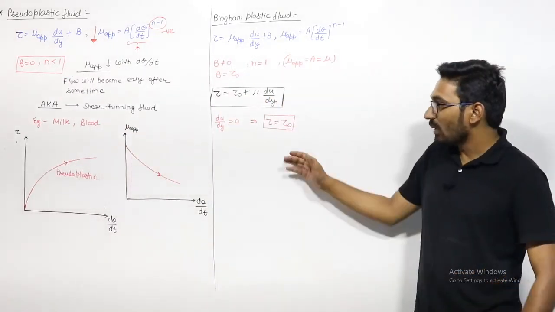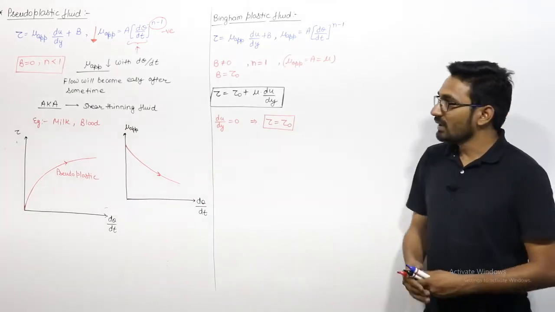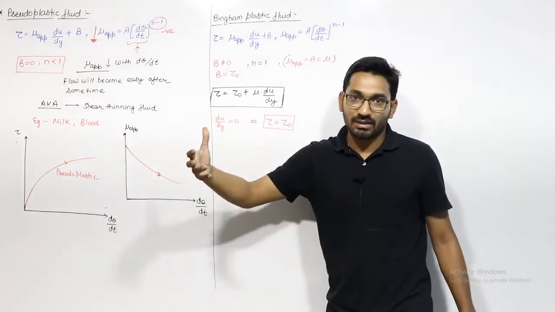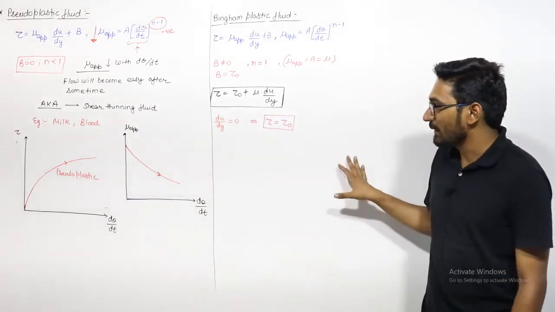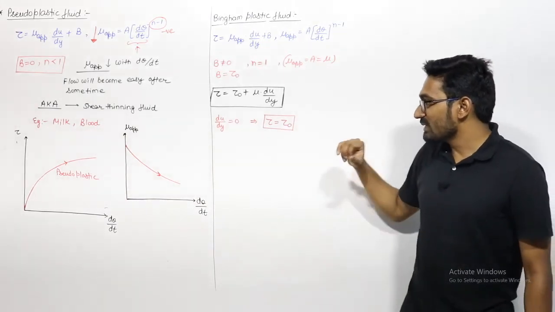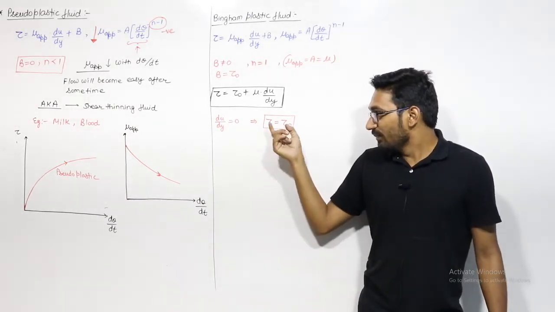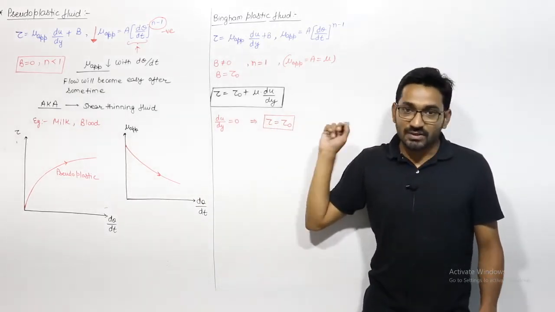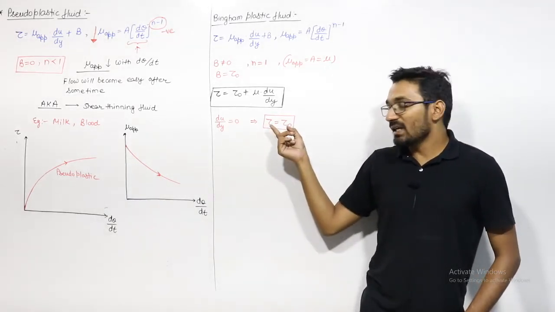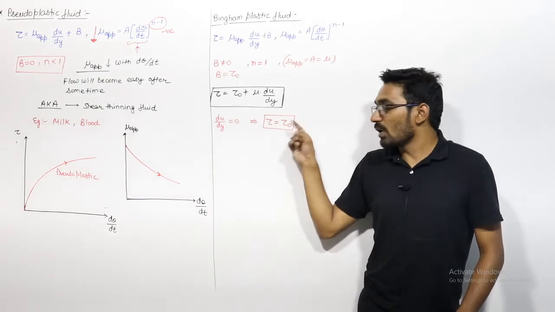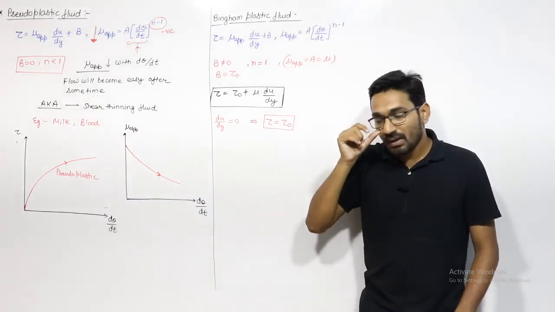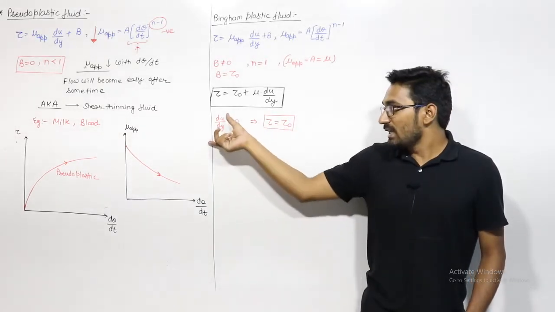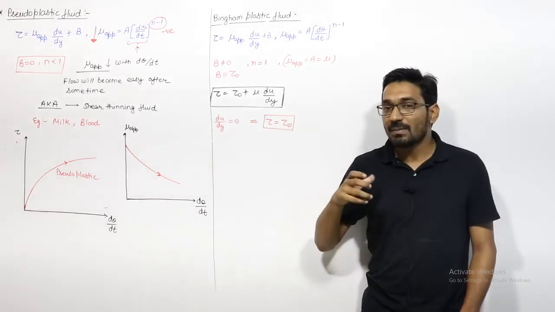Now what does this mean? Just pay attention. They will ask this concept in your interview or some other technical rounds. You can face this question. It means that when the shear stress which you apply, this tau, is less than or equal to tau naught, you are applying a shear stress of value tau naught, but du by dy is 0 or d theta by dt is 0.